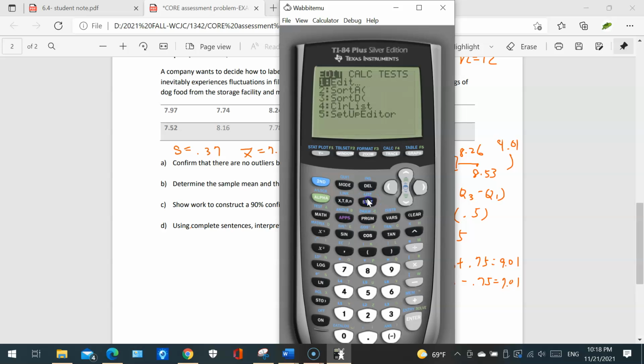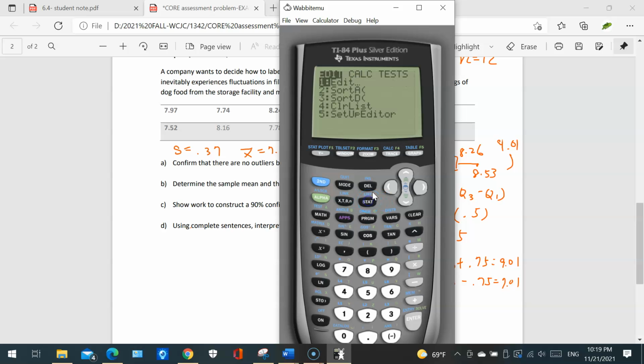Once you finish the data input, you can go to sort the data, so you have your data in increasing order. So hit enter. All the data is listed under L1. So you click on the blue key, which is second, input the number 1, close it, and hit enter. So you'll see Done. That means the data has been sorted.